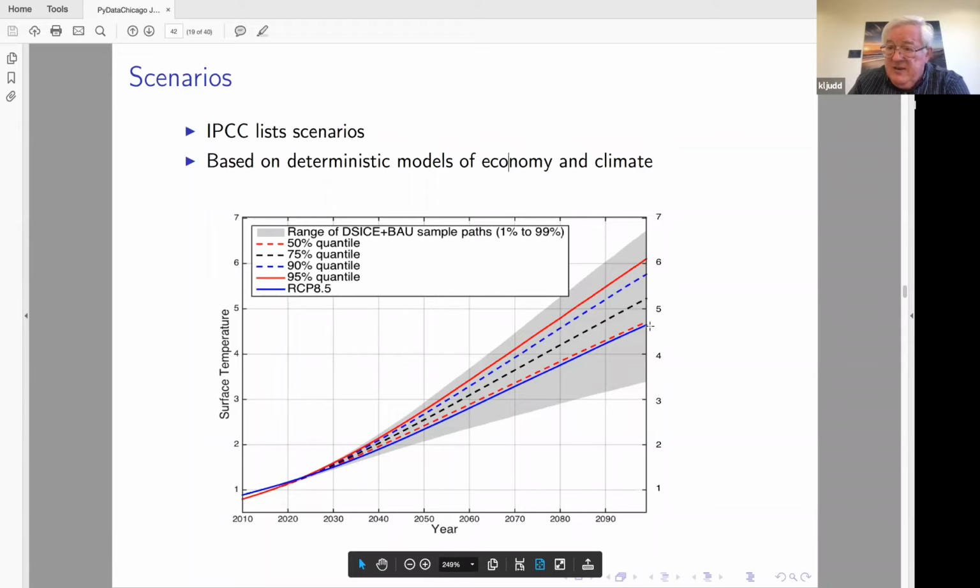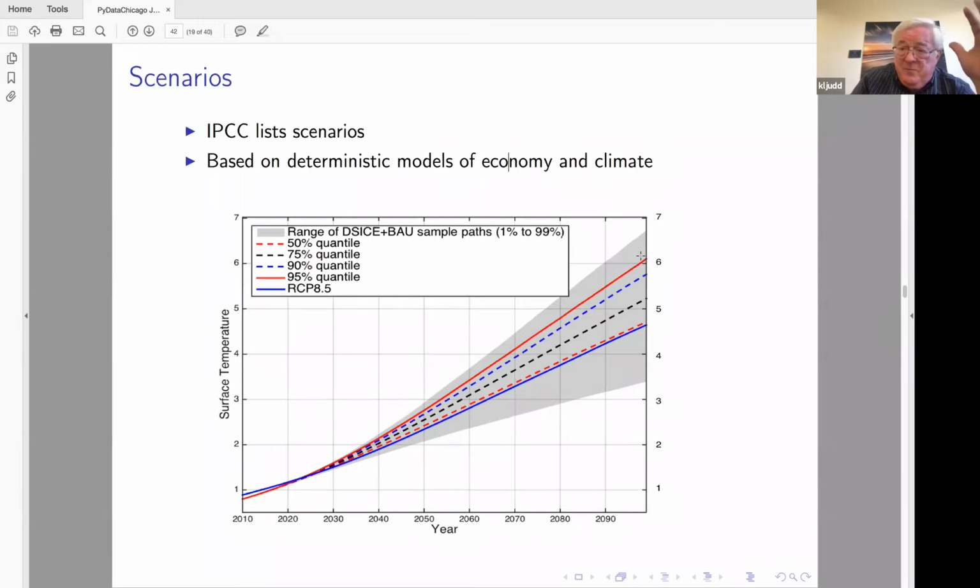Now, what we show is that when you add the uncertainty of the economy to it, there's a strong chance that their scenario gets the expectation about right. But this is a 75% quantile. So there's a 25% chance that it's above 5 degrees, and a 10% chance that it's above 6 degrees.